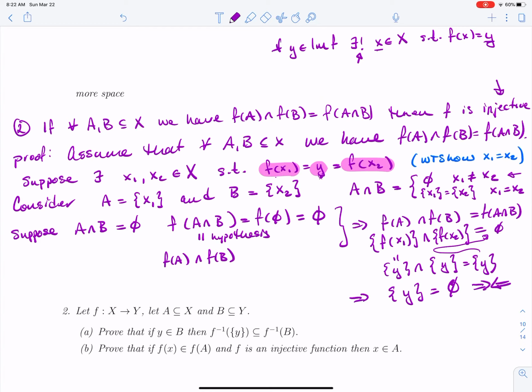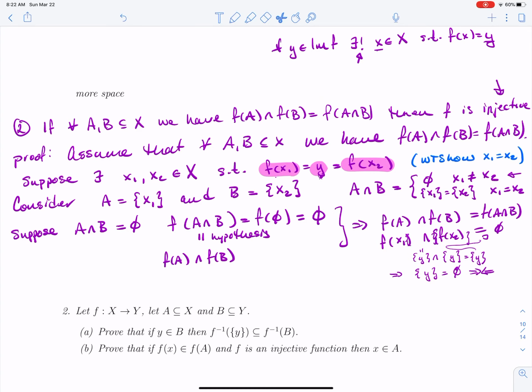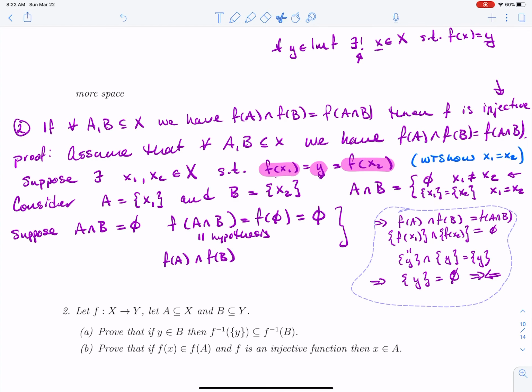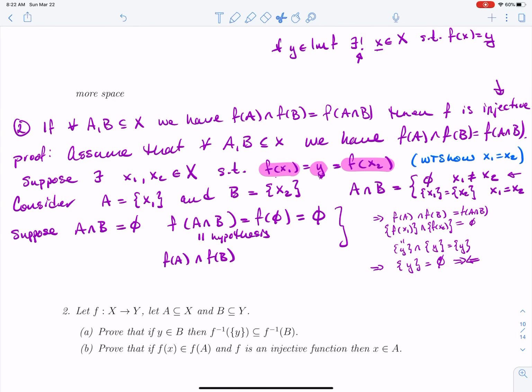Where did we get that contradiction from? Let me shrink this piece down a little bit. Let's first get rid of this little awkward arrow here. Here we go. So where did all of this contradiction come from?